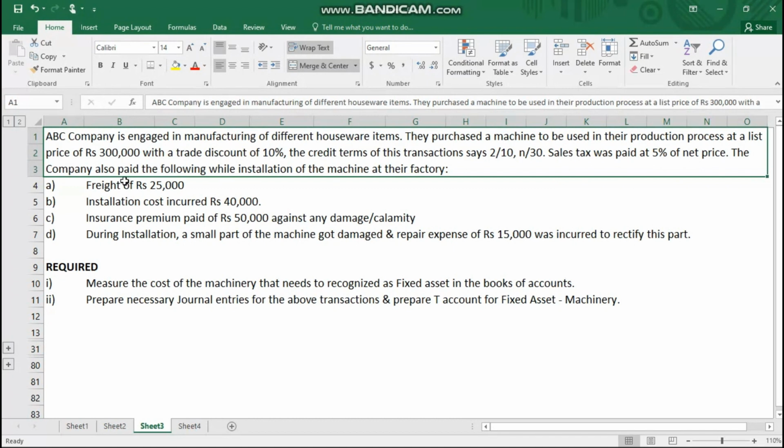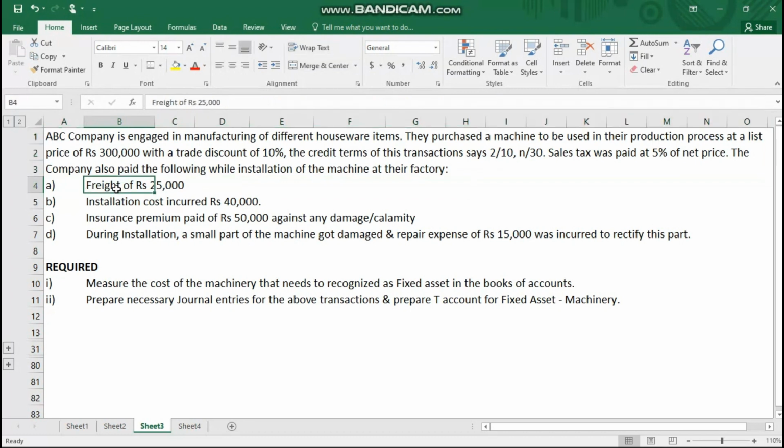The company also paid the following while installing the machinery at their factory. So the company purchased the machinery and they were installing that machine at their factory, and while doing that they incurred some costs. We'll see what they have incurred. Number one, freight of rupees 25,000.